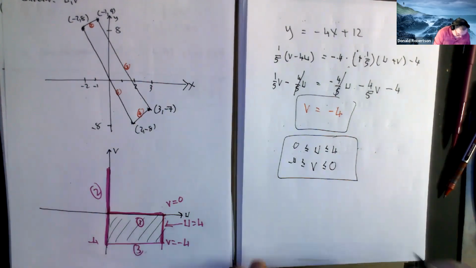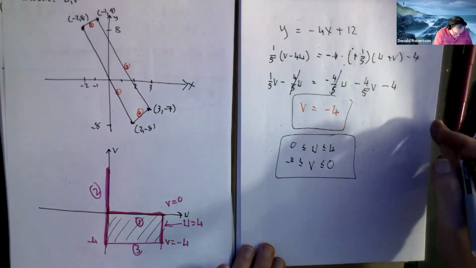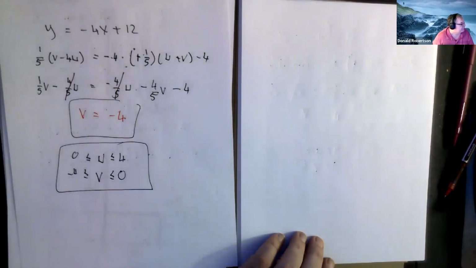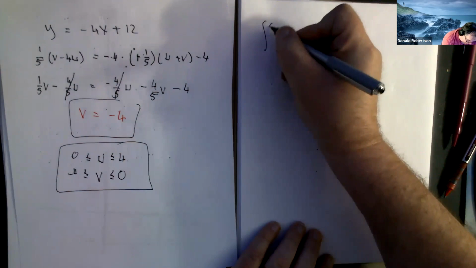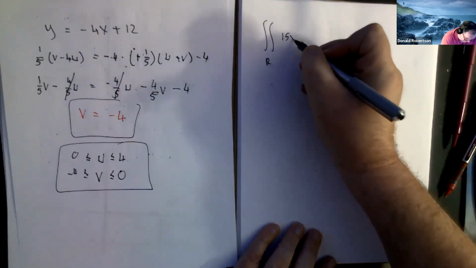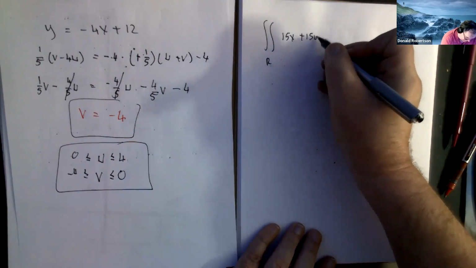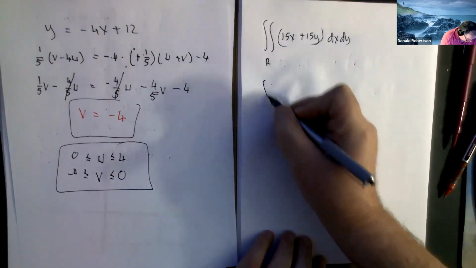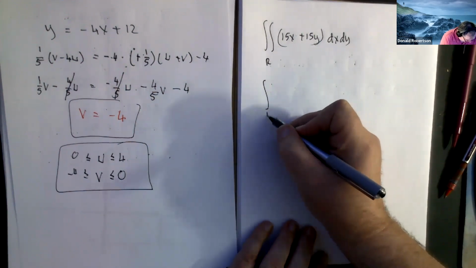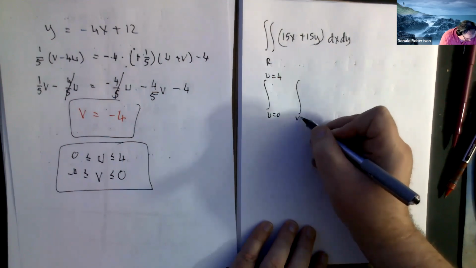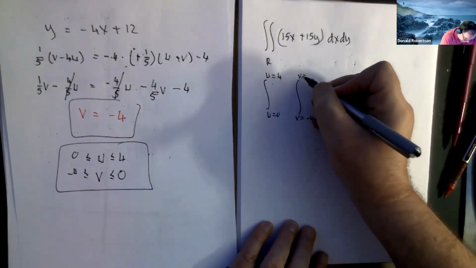And what we can do then is put all the pieces together, and we should be able to get our integral. So the original was this guy. And it's now going to be turned into u equals 0 to u equals 4. V equals negative 4, say, to v equals 0.